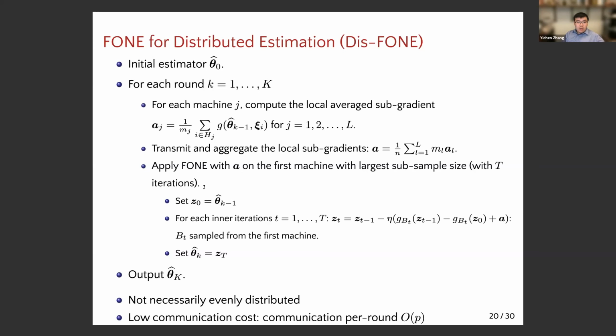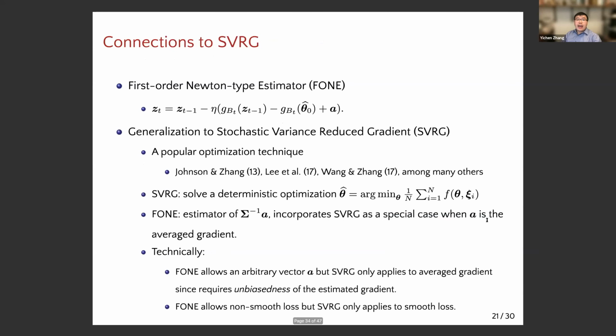I guess we don't want to get into that again, but just using a Newton's estimator, when we need to update sigma inverse A, we replace that by an estimator, using the gradient difference to estimate that. So it's a low communication cost method, and I'll have to skip this part.